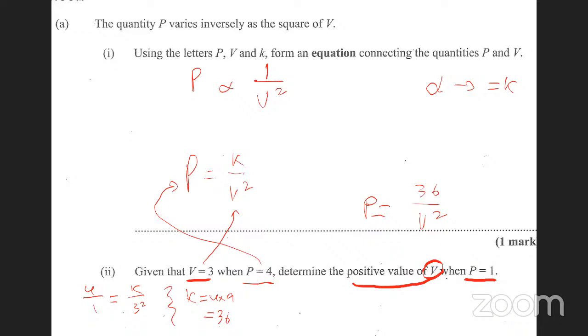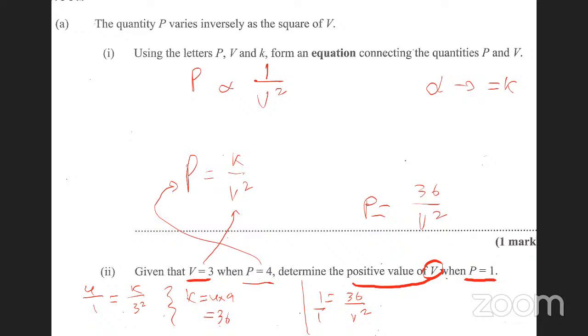Right, substitute P as 1 and make V the subject of the formula. How to make V the subject of the formula? 36 divided by 1 squared.